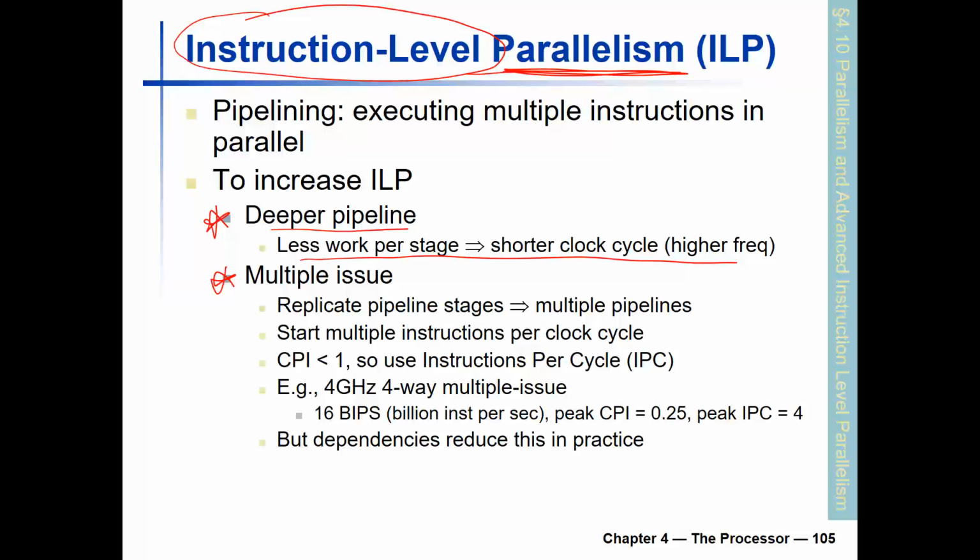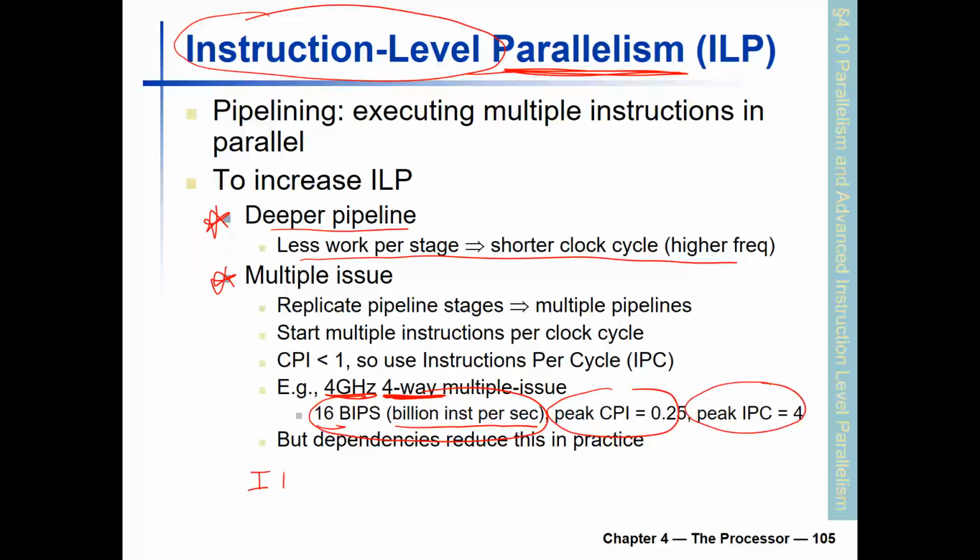Basically, in the multi-issue architecture, you are trying to execute more than one instruction. So when we say four-way, it means we are executing four instructions per cycle. And if you have a four-way multiple issue processor running at 4 gigahertz, then you hope that you will have 16 billion instructions per second. That is your peak, by the way. So we say that the peak CPI is a quarter. The peak instructions per cycle is 4.